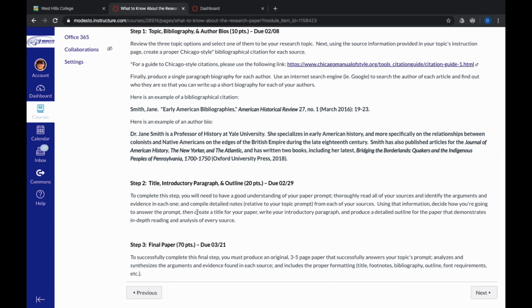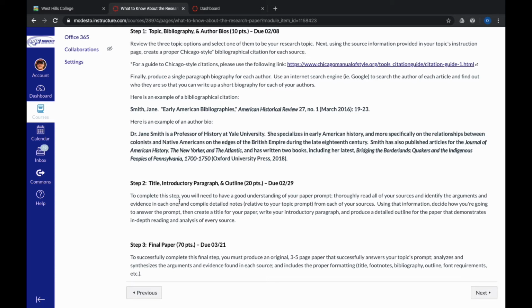So this is so important. So keep your eye on the ball here and make sure that you've chosen your topic, that you understand the prompt for your topic's paper, and that you are reading your sources with those prompt questions in mind, so that you take notes relative to the topic prompt.